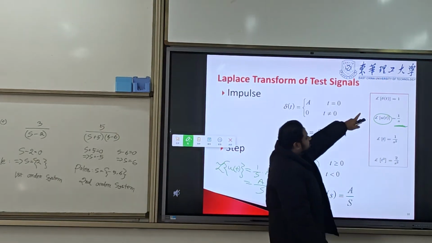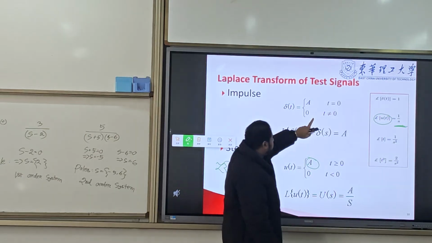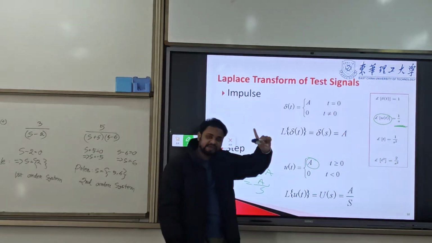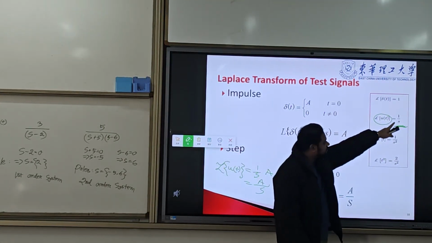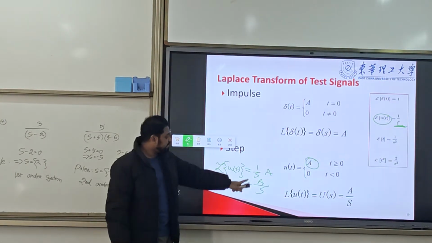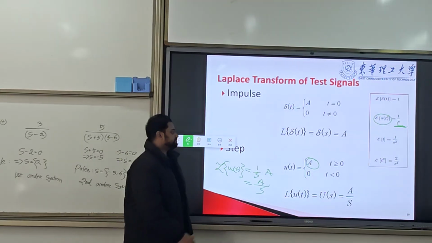Laplace transform of delta t gives a value of 1, multiplied with A, that's why it is A. But the Laplace transform of the unit step ut gives 1 by s, which is multiplied with A, giving A by s.